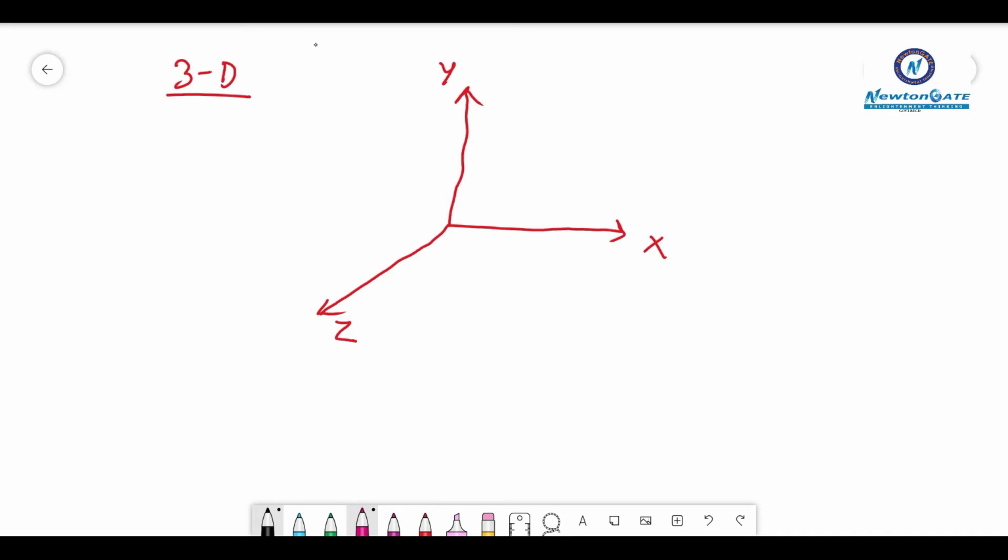I said it just now. Pause the video, comment it below, and then continue the video. Okay, so you are right. Towards the x-axis, the vector I will write is i cap, towards the y-axis j cap, and towards the z-axis k cap. Very good.